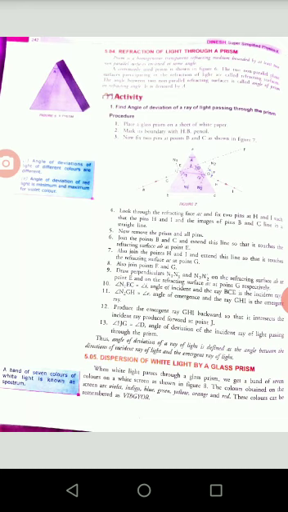Now in this class, we will study the refraction of light through a glass prism.